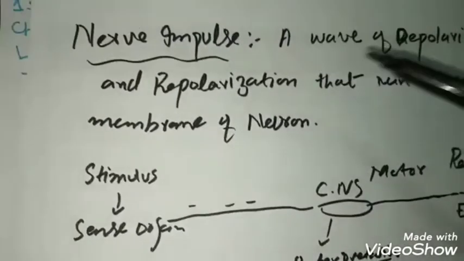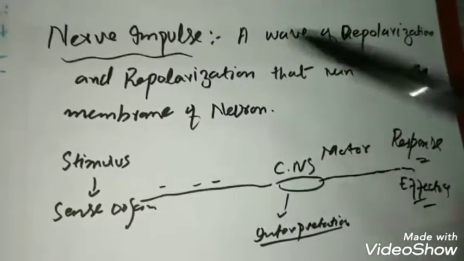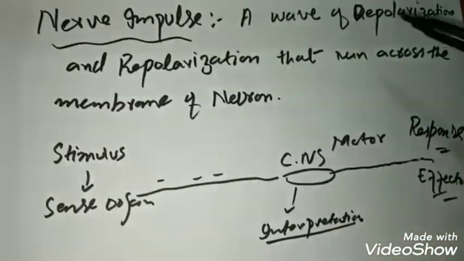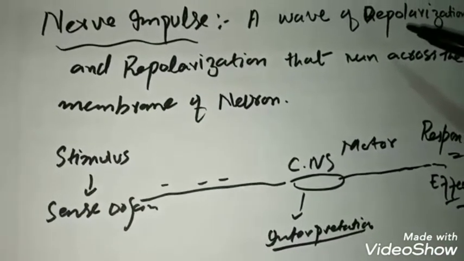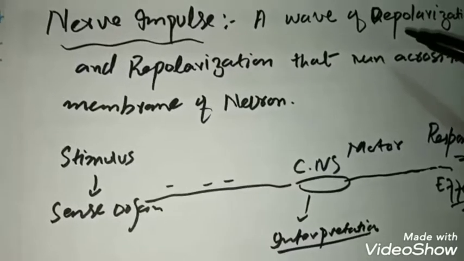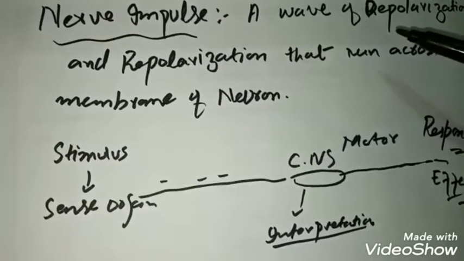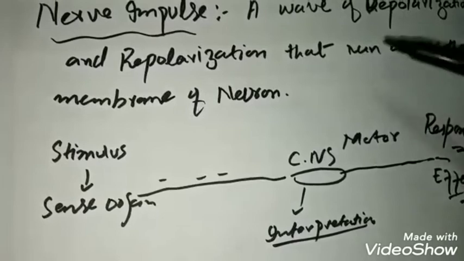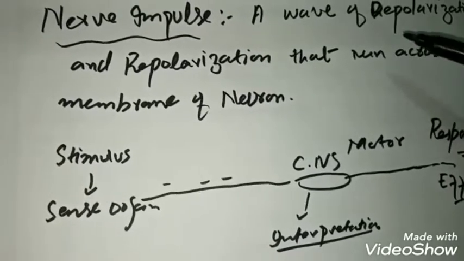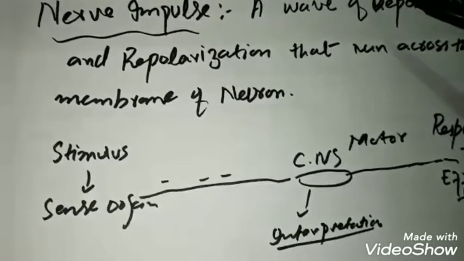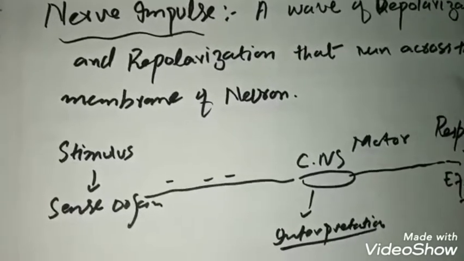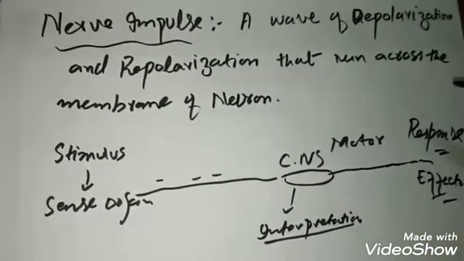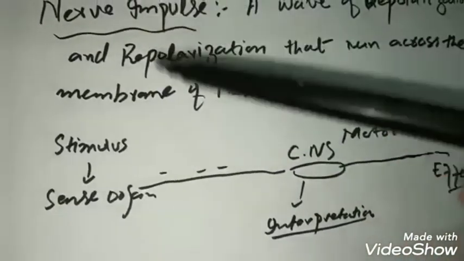A nerve impulse is a wave of depolarization and repolarization. Depolarization means the change in the polarity of the neuron. As we told you earlier, the neuron is relatively negative from inside and positive from outside. This change in charge is called depolarization. A wave of depolarization and repolarization that runs across the membrane of the neuron is called a nerve impulse.